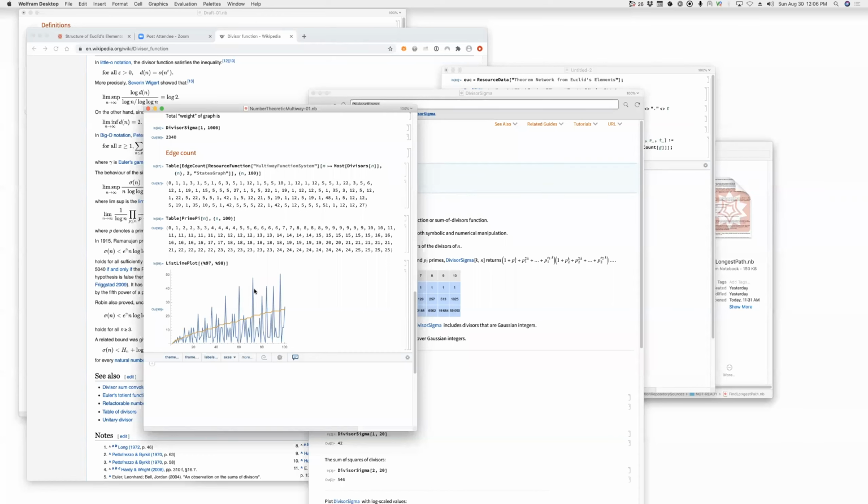That's the wiggly one, the number of edges, right? And the number of edges is going to be maximized for round numbers that have lots of divisors.